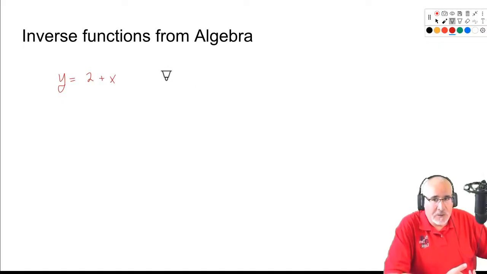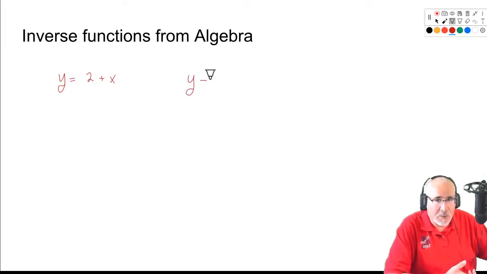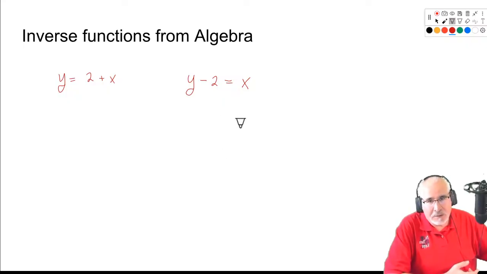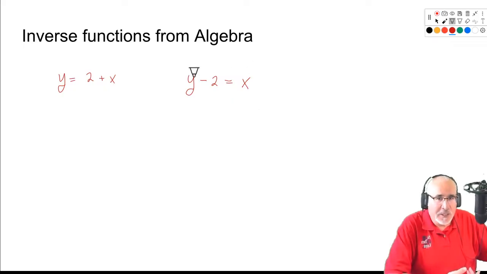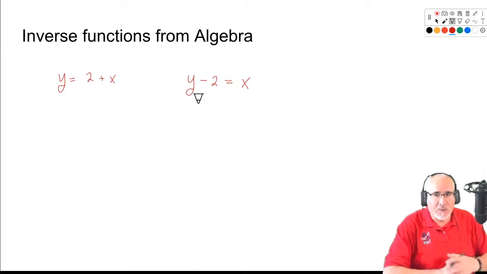For the inverse function, y is by itself, so the inverse function is going to be y minus 2 equals x. And then usually we want to get it back in terms of x and y, so we swap.